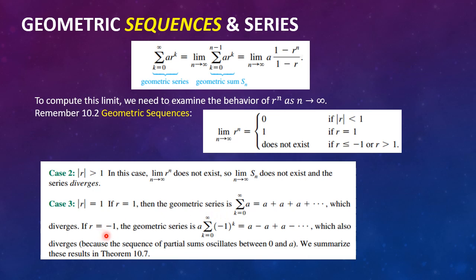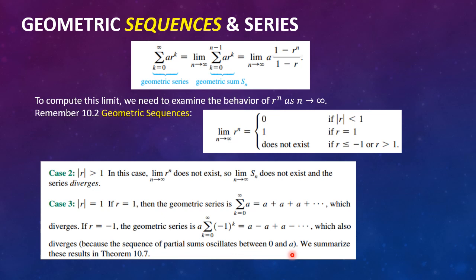If r equals -1, then we have a times -1 to the power of k. Since r is negative, when the exponent is even, it's going to be positive, and when the exponent is odd, it's going to be negative. So we have an oscillation between 0 and a.